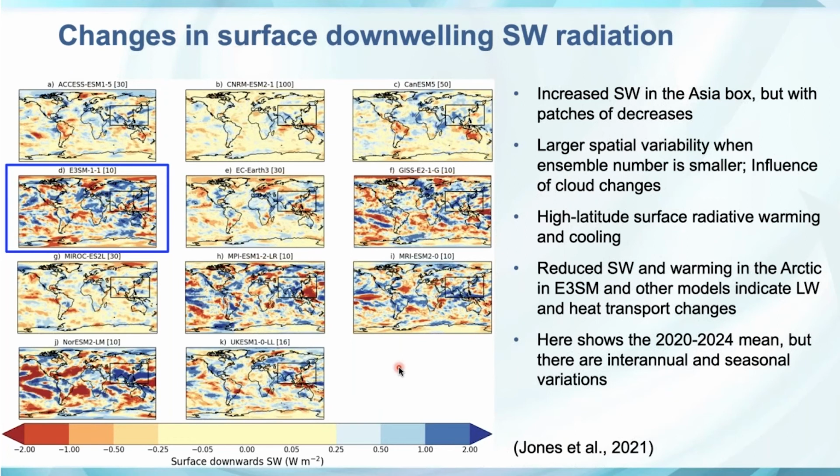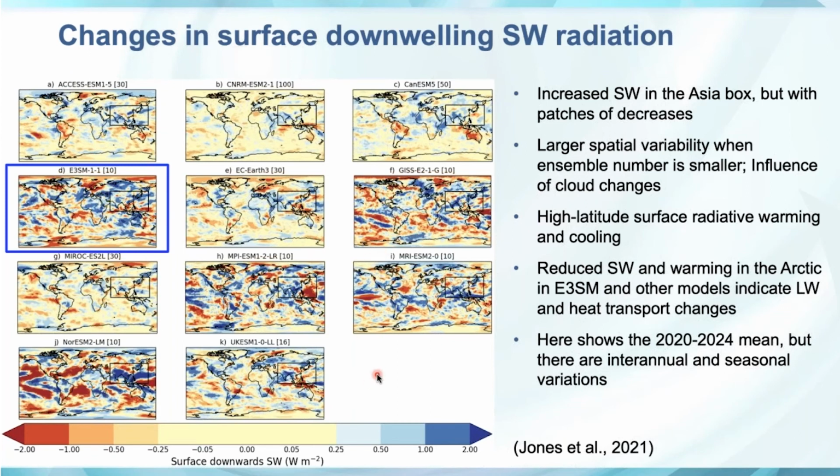Also, if you compare the different panels, some panels have smaller spatial variability. Those models have much larger ensemble sizes. For an ensemble of 10 simulations, the spatial variability is much larger.